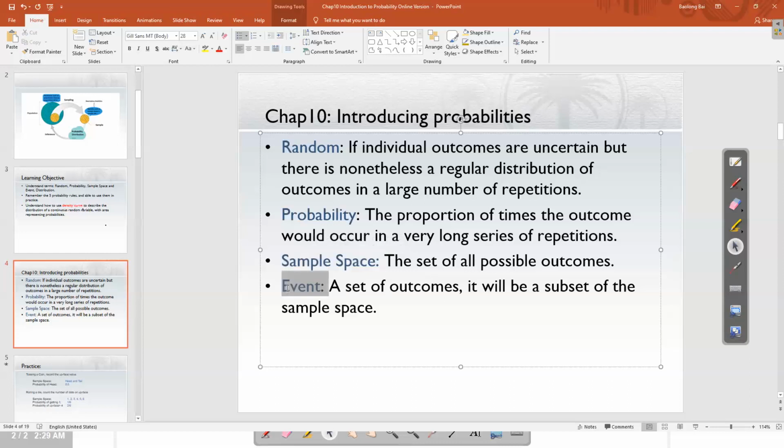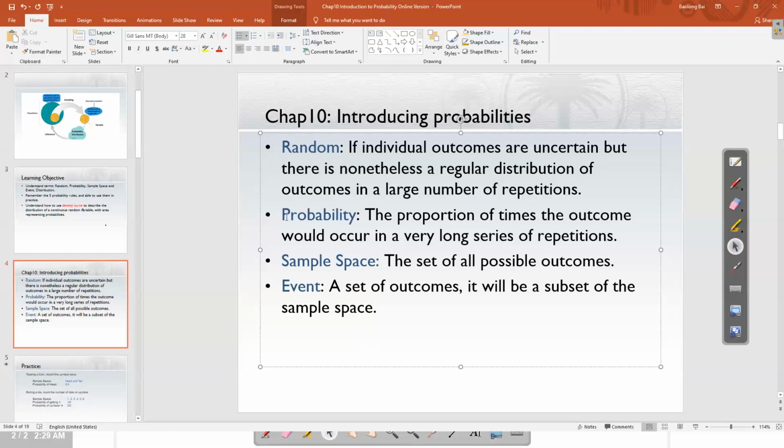And the next term is event. Event is just a set of outcomes from the sample space. So we know sample space is a list of all the possible outcomes, right? If you take some of the outcomes as a smaller set, that set is called an event. So event is always a subset of the sample space, right? So these 4 terms are related.